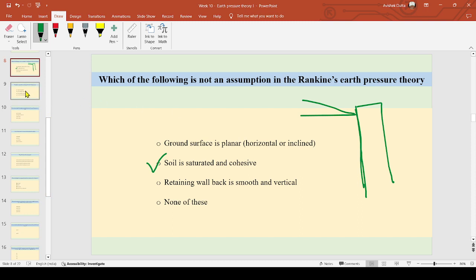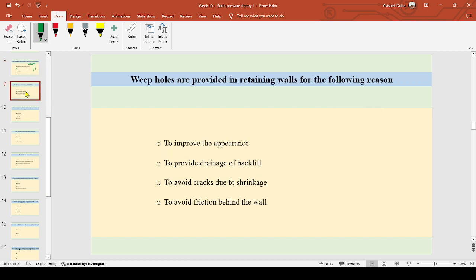Next question. Weep holes are provided in retaining walls for the following reason. What is the answer? Drainage. Yes, to provide drainage of the backfill, because in saturated conditions the backfill might exhibit swelling or shrinkage behavior which might exert pressure on the retaining wall.